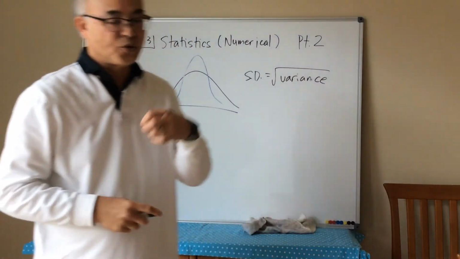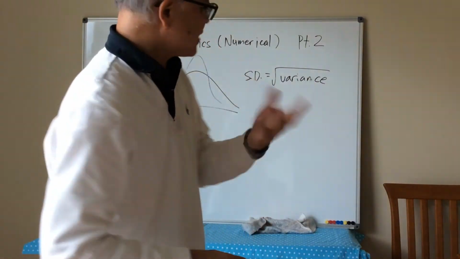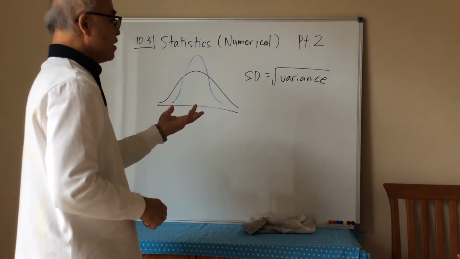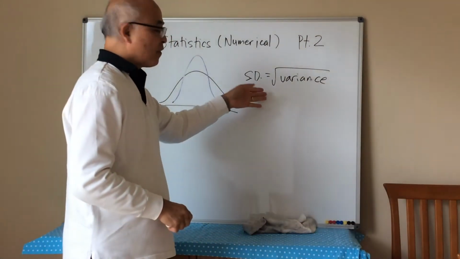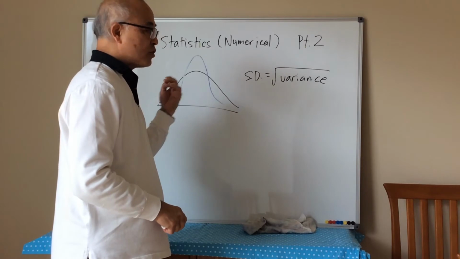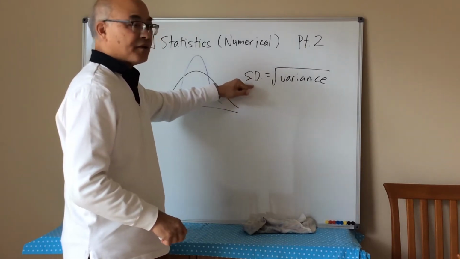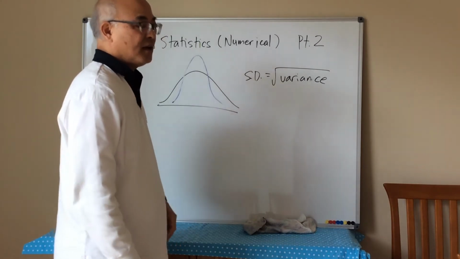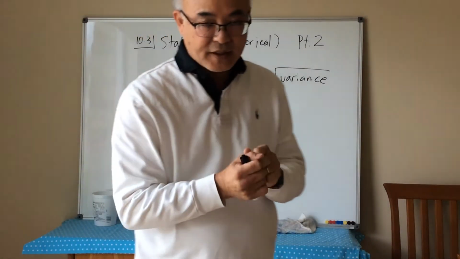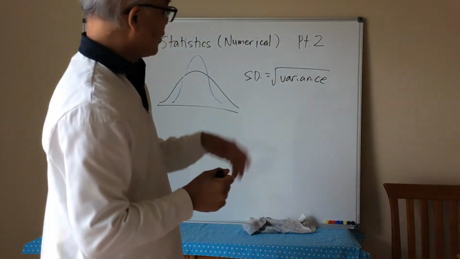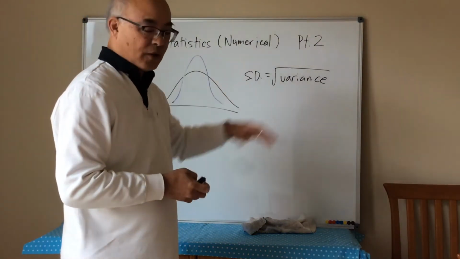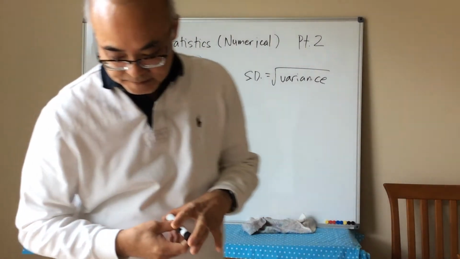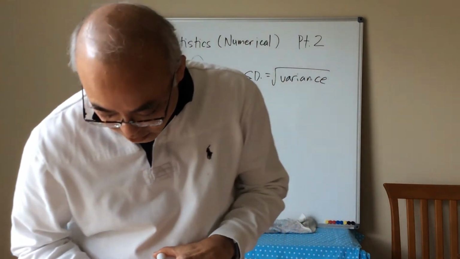I'm never going to ask you to calculate a standard deviation or variance, because if you did the one-var stats from the last lecture, you will see that the standard deviation is included in the one-var stats, okay? So it's nothing more than populating the L1 and then doing the one-var stats test to find out what the variance is, okay?